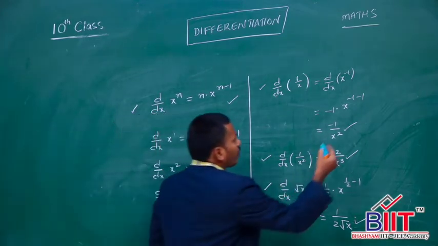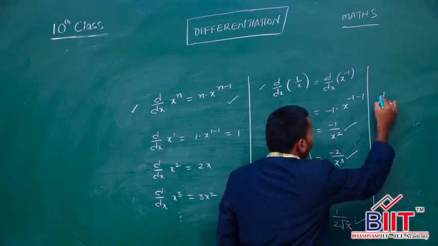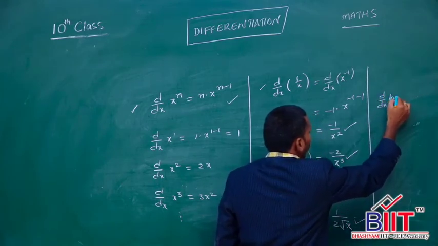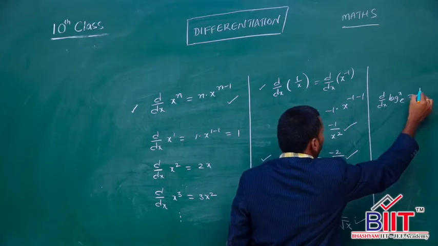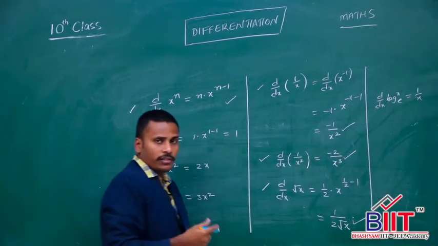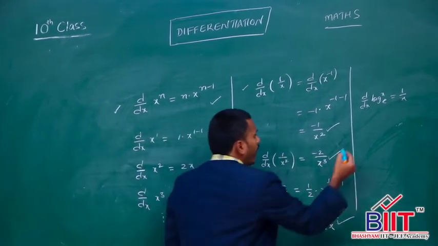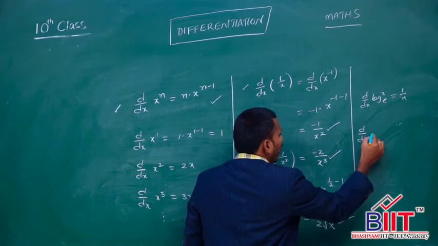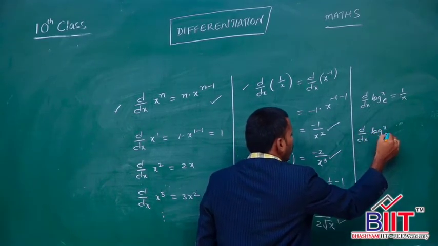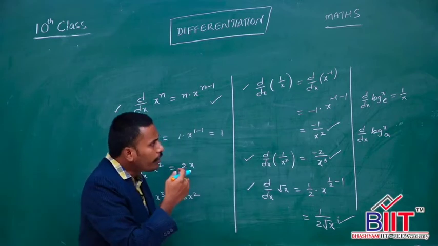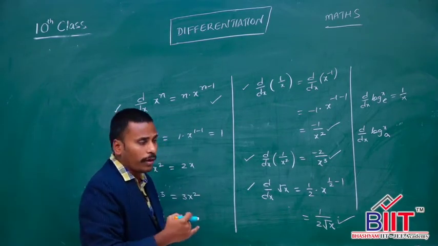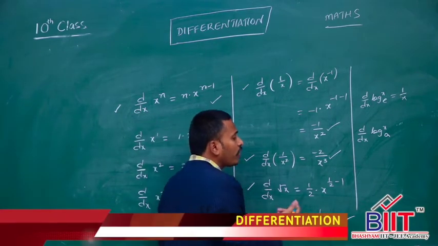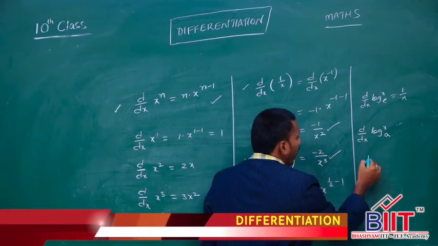And another thing is, what is the derivative of log x to the base e? The derivative of log x to the base e is 1 by x, just as I mentioned in the slide. Whereas if you wish to find d by dx of log x to the base a, how to calculate? If that base is e, your answer is 1 by x. Whereas if the base is a, then we need to rewrite this log x base a.